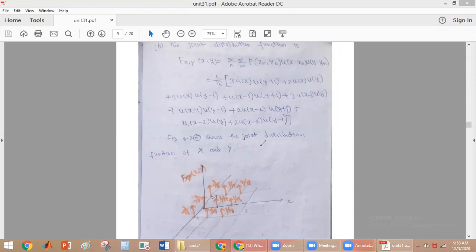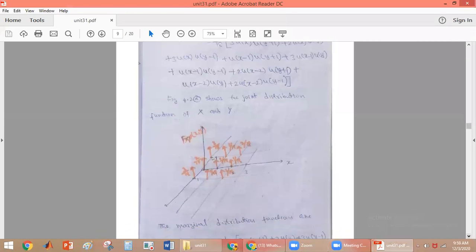Along the x-axis you take the x random variable. Along the y-axis we take the y random variable, and the amplitudes, that is the corresponding probabilities, will be represented parallel to the z-axis. So this is our joint probability distribution function.